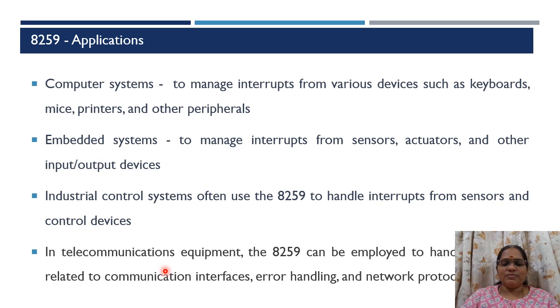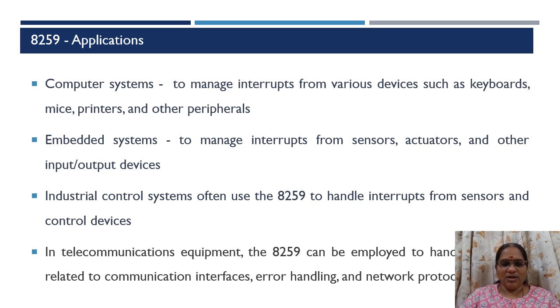In this way, an interrupt controller will share the workload of a processor. Whenever an interrupt occurs, the processor has to check whether it has to be serviced or not, and then process it. All this load of the processor will be shared by the programmable interrupt controller, and it will handle the interrupts efficiently.